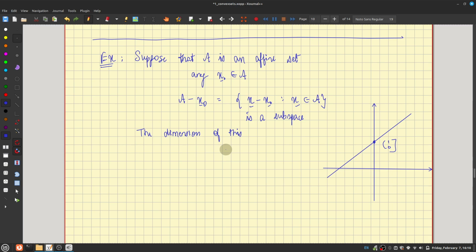The subspace will include the origin, because as a sanity check, we picked an x naught from A. If I take x equal to x naught, which lies in A, then x naught minus x naught is a part of this new set. So x naught minus x naught is the origin, and you're guaranteed to have the origin as part of this particular set. That's the nice feature about this.